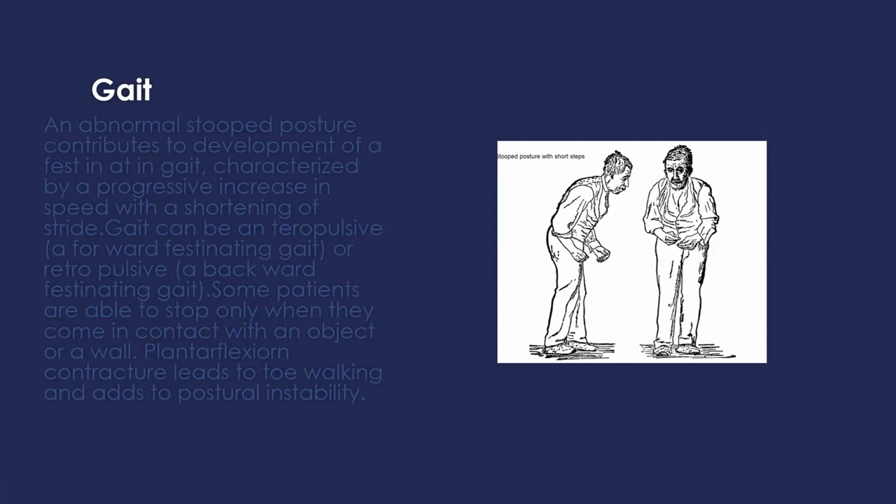Gait can also be propulsive, a forward festinating gait, or retropulsive, a backward festinating gait. Some patients are able to stop only when they come in contact with an object or a wall, and plantar flexion contractions lead to toe walking and add to the postural instability.